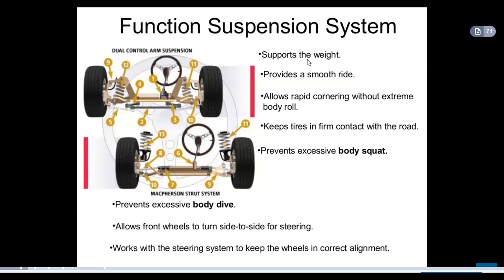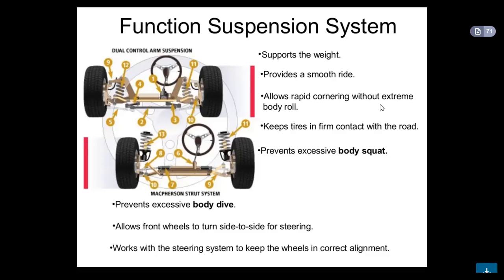If we see the functions, it supports the weight, it provides a smooth ride, allows rapid cornering without extreme body roll, keeps tires in firm contact with the road, prevents excessive body squat, prevents excessive body dive, allows front wheels to turn side to side for steering, works with the steering system to keep the wheels in correct alignment. These are the functions of suspension system.